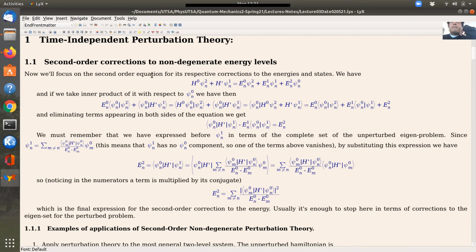So if we focus on the second-order equation for the respective corrections to energies and states, basically this is the equation that arises at second order in powers of lambda. So when I collect terms of order lambda squared, this is what I would have. On the left-hand side, of course, the original Hamiltonian evaluated on psi 2n. Here, H prime psi 1n appears because remember that the perturbation had a power in lambda, so that's why I have a reduced order in this part.